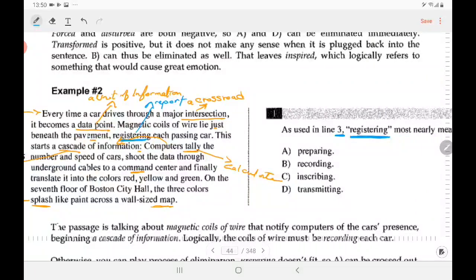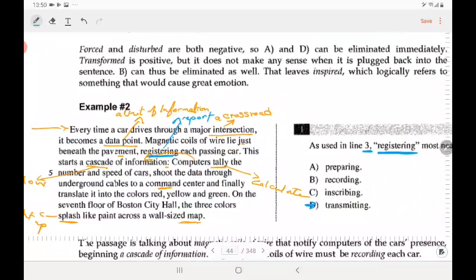Let's go and consider each choice after that. I have here choice D. Transmit. Let's plug it in. Magnetic coils of wire lie just beneath the pavement, transmitting each passing car.